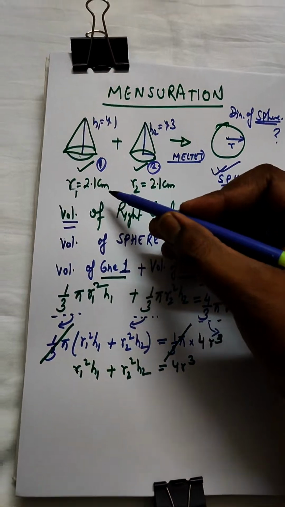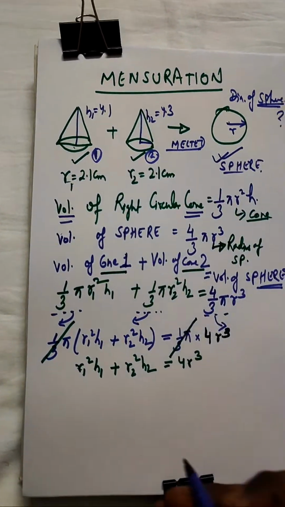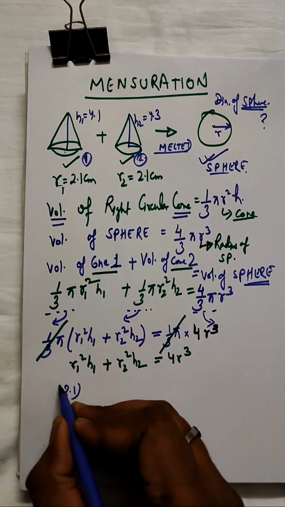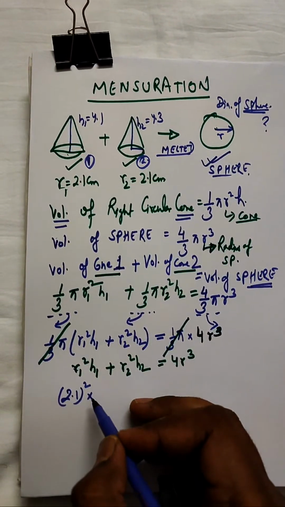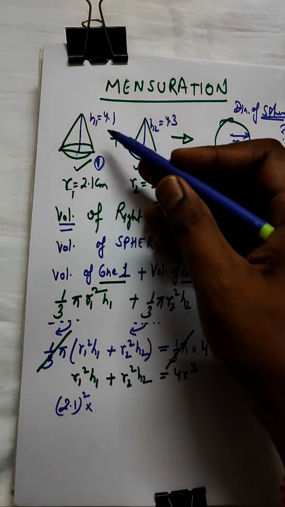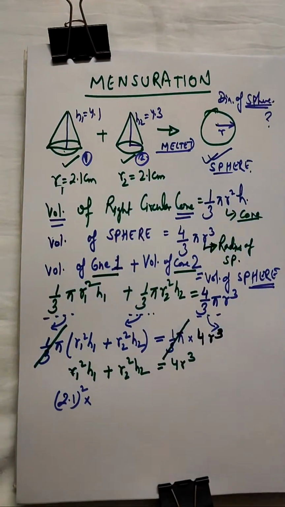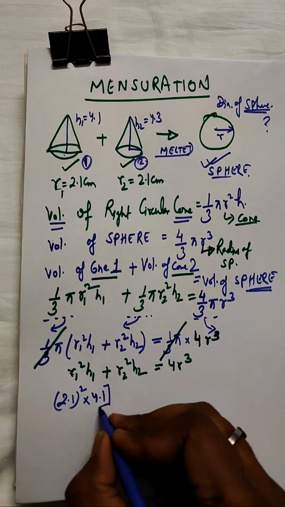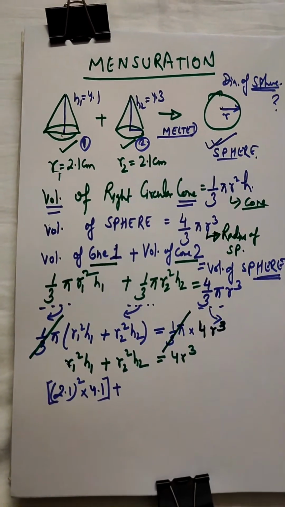We know r1 is 2.1, right? So put up the value 2.1 square into h1. What is the value of h1? h1 is 4.1, right? You can see over here, into 4.1. This will be added to r2 square h2.